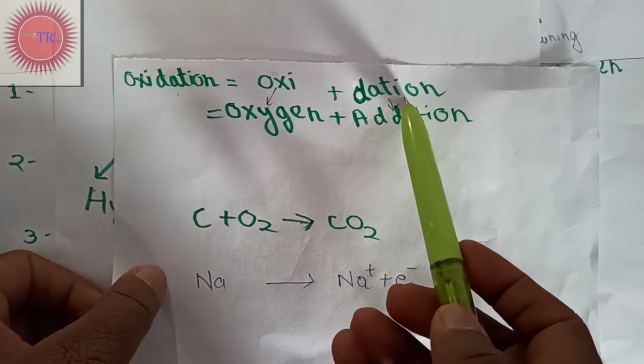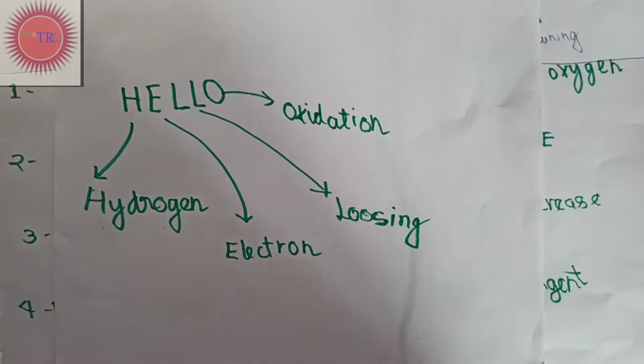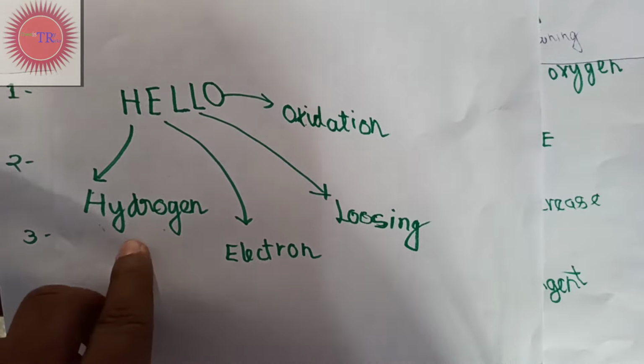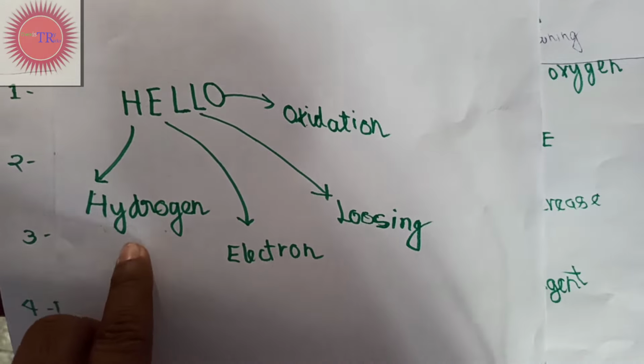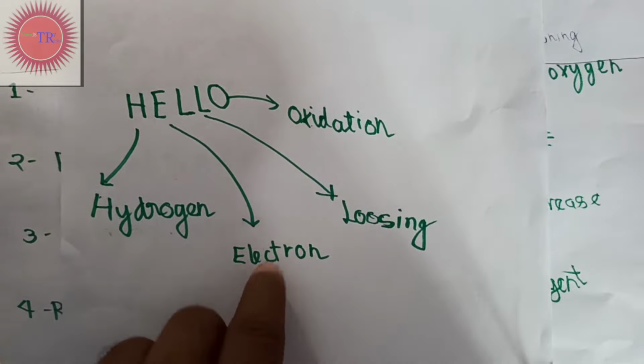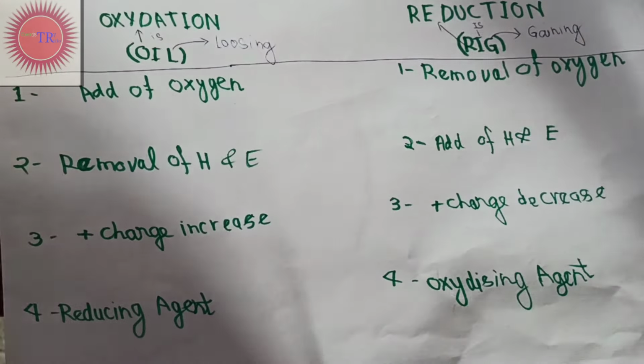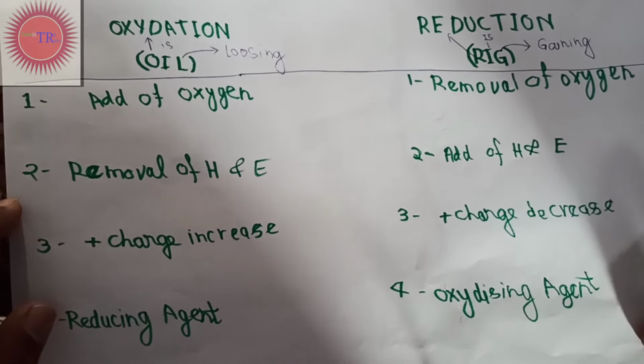So the simple definition will be losing or removal of hydrogen or removal of electron is called oxidation. And just opposite it will be reduction.